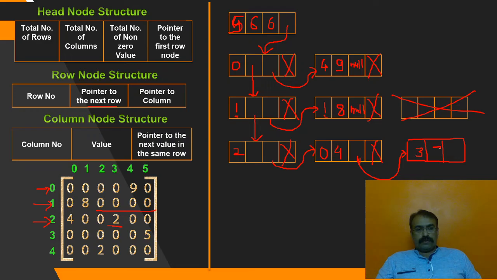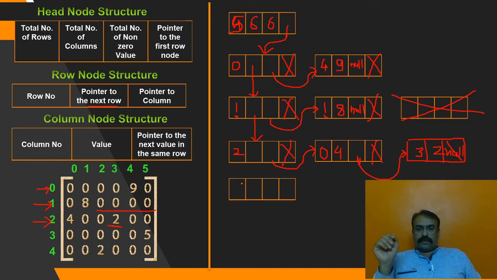Value will be 2. And this will be null. Getting me? So for row number 2, we have 2 column nodes. For row number 1 and 0, we have 1 column node each. So you can very easily say that row number 0 is having only 1 non-zero value, row number 2 is having 2 non-zero values.